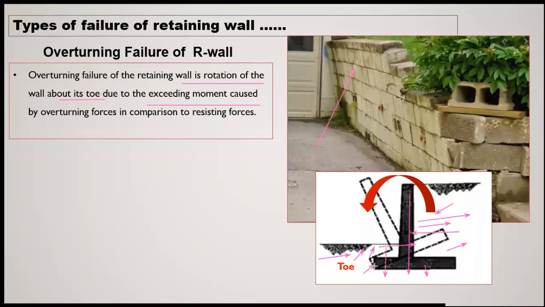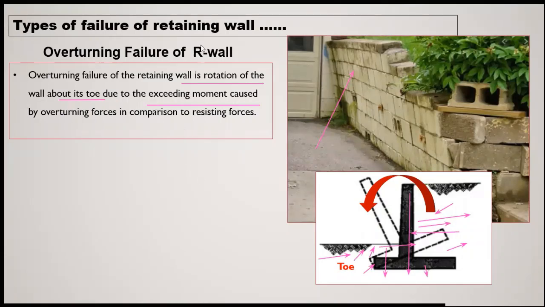So if you take the toe point as the point about which movement can take place, and calculate moments about the toe, then some of these forces will apply a clockwise moment, and some will apply an anti-clockwise moment. The pressure due to the material or soil above the toe level will apply an anti-clockwise or clockwise moment. So we have to take that into consideration.